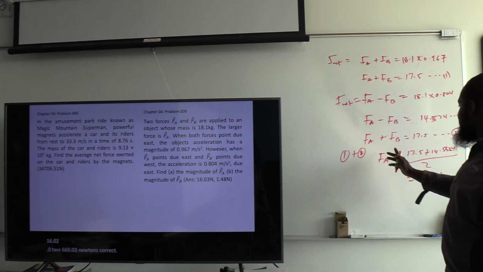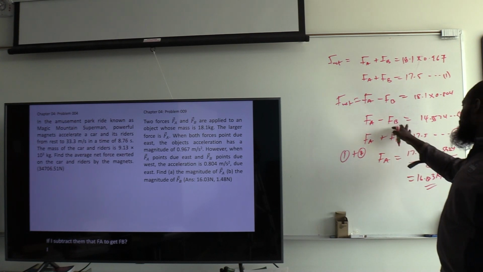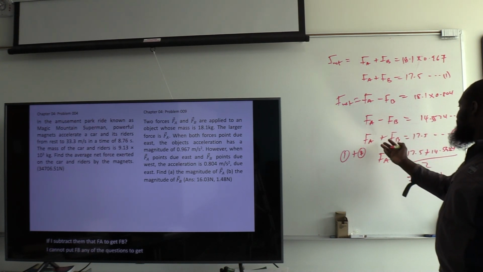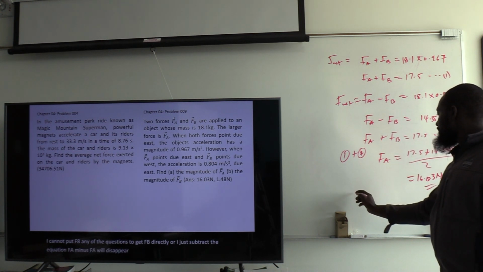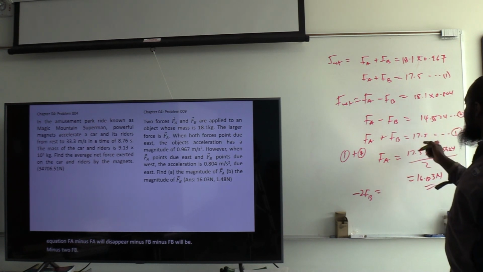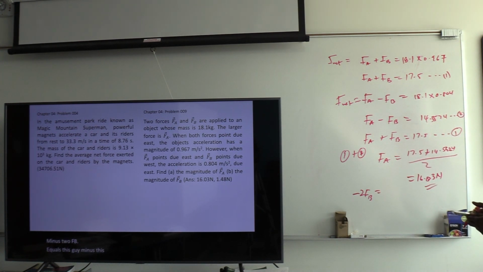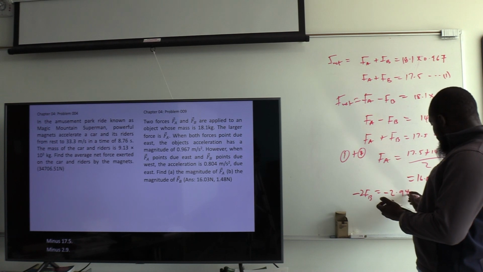Now if I subtract them, that's FA. To get FB, I can either put FA in any of the equations to get FB directly, or I just subtract the equations. FA minus FA will disappear, minus FB will be minus 2FB equals this guy minus this guy. 14.5524 minus 17.5 is minus 2.9476.